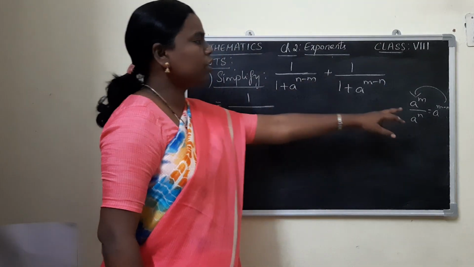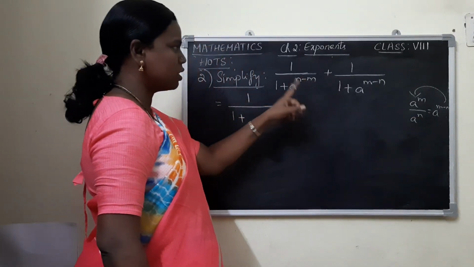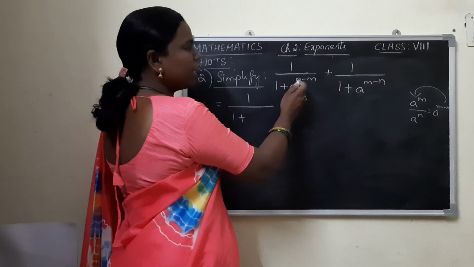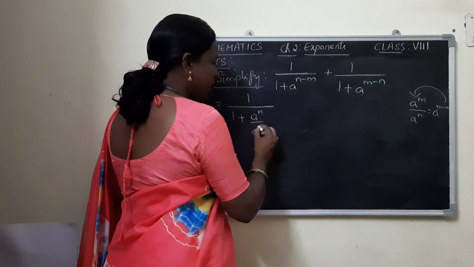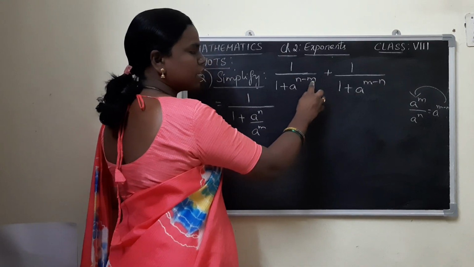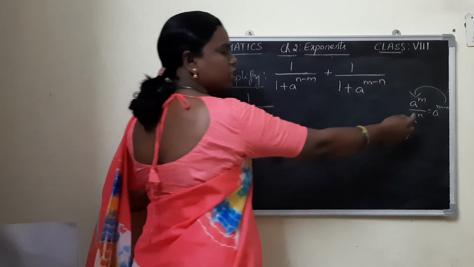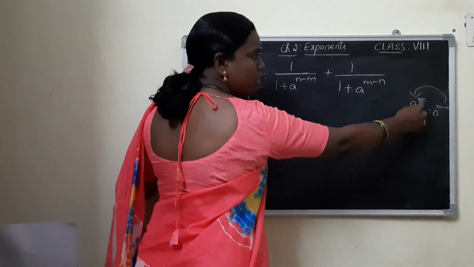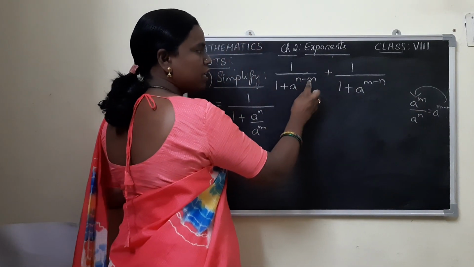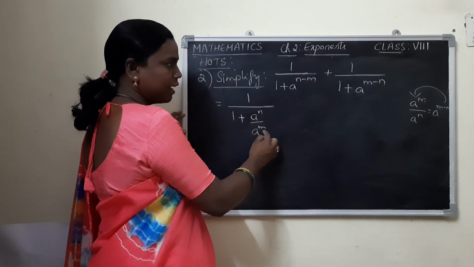So let me use this law and rewrite this in that format. So a power n minus m means a power n by a power m. The first value minus second value means the first value is in the numerator, so the denominator will have m. This law, if we are applying, here it is n minus m, so you are getting n and m like this.